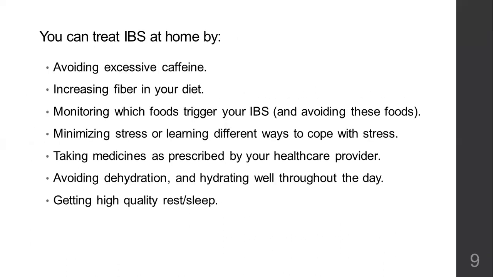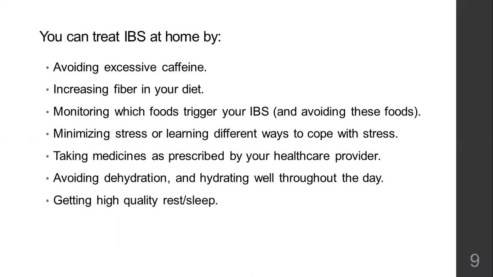You can treat IBS also at home by avoiding excessive caffeine. Avoid coffee and green tea; a very light version of tea you can have. Avoid a lactose-based diet and increase fiber in your diet. Keep a check on the food that triggers your IBS. Sometimes you may be intolerant to certain food.